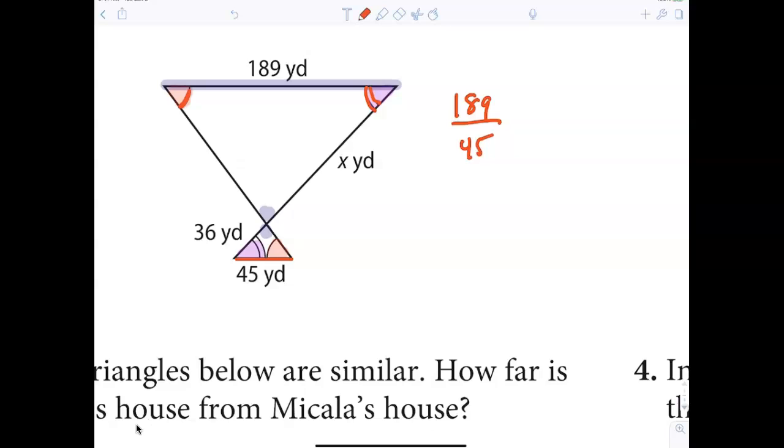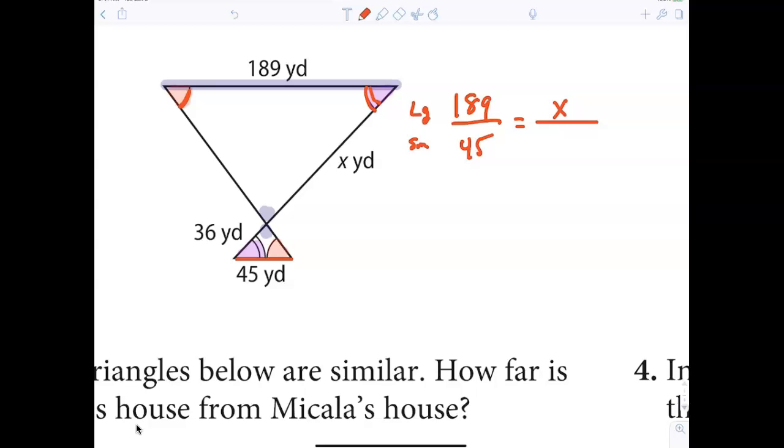Now, this was considered the large, and this was considered the what? Small. Equals. Now, in the large triangle, what are we trying to find? X. So that goes on the top because it's the large. Now, what does X correspond to?